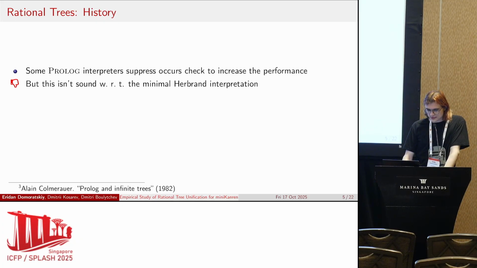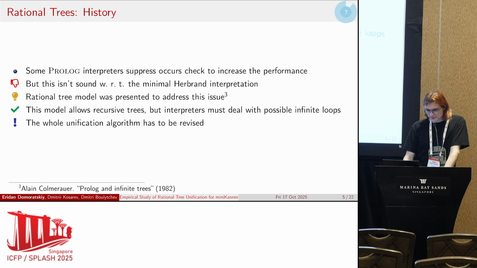We know that this isn't sound, and because of this, Kosarev presented his rational tree model, which is just the Herbrand tree model, but with allowed recursion in trees.